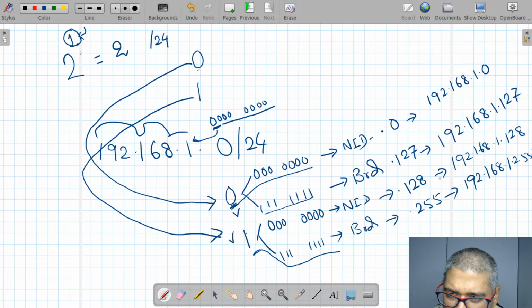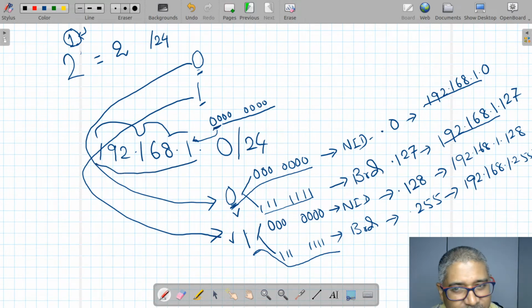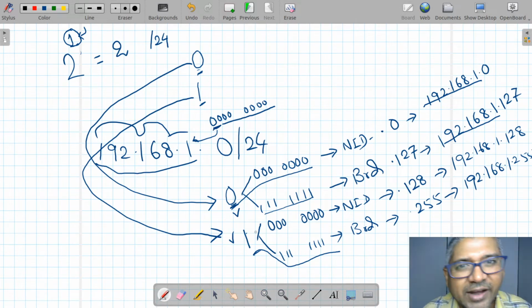Why? Still, this first bit is reserved, my dear. We are not talking about the 24 bits. We are talking about the 7 bits. The first bit is reserved; I can't change this, otherwise it becomes a different network.